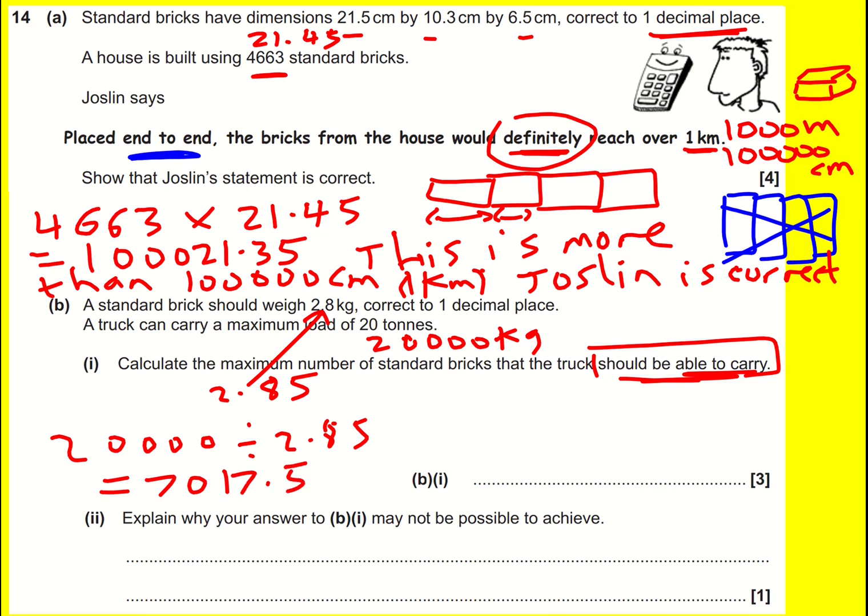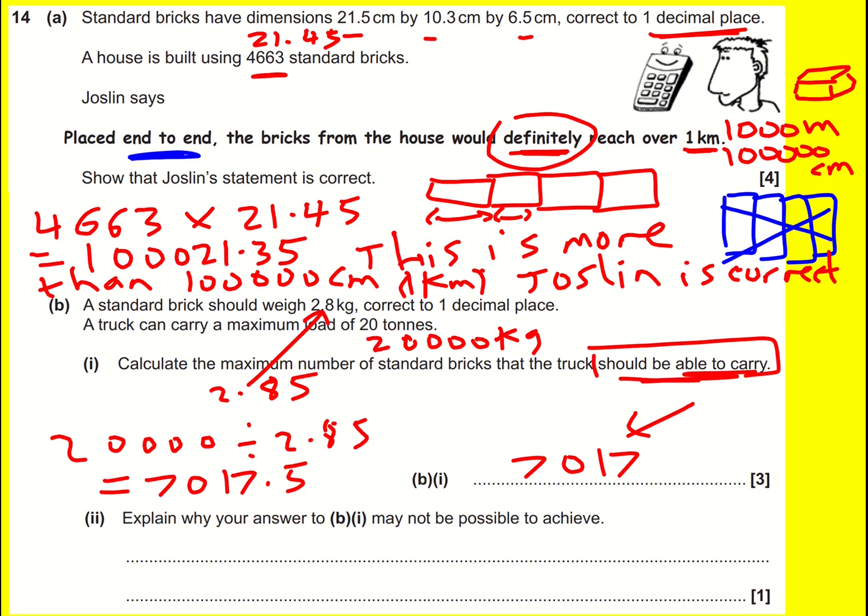And that means that we can definitely carry 7017 bricks, because if we round it up to 7018, well, that could actually go above the 20,000 mark, and it could break. So we should be able to carry these 7017.